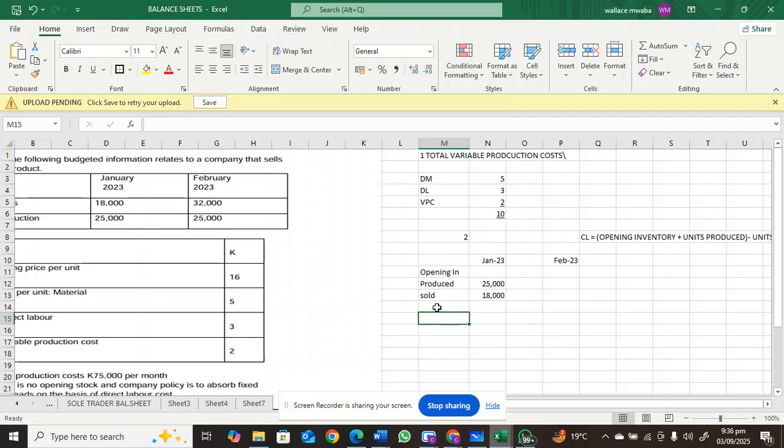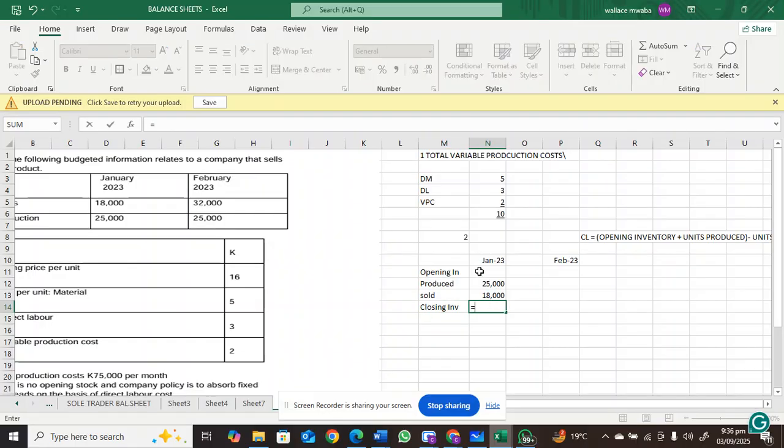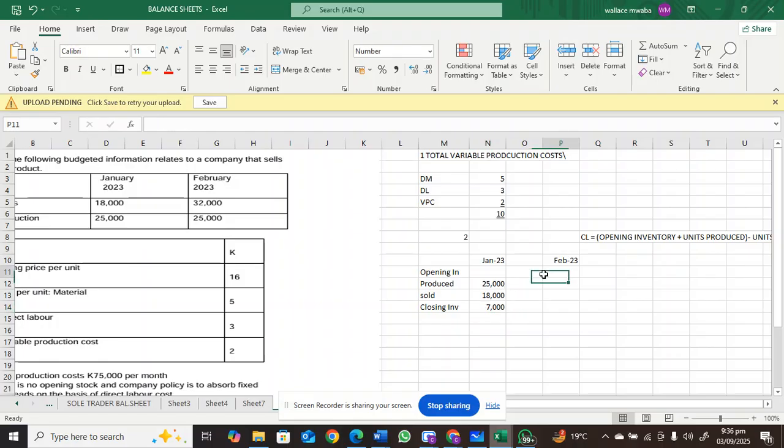So for our closing inventory, opening inventory is 0, so 0 plus 25,000 minus 18,000. The closing inventory for January is 7,000 units, and this is going to be the opening inventory for February, 7,000 units.